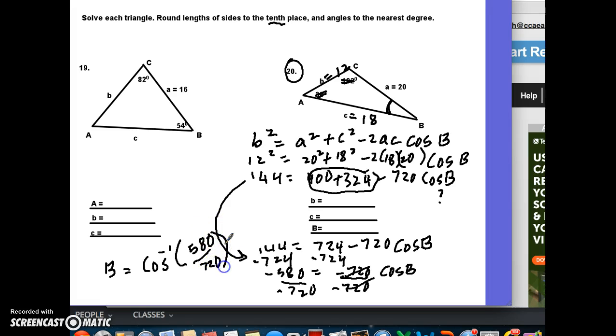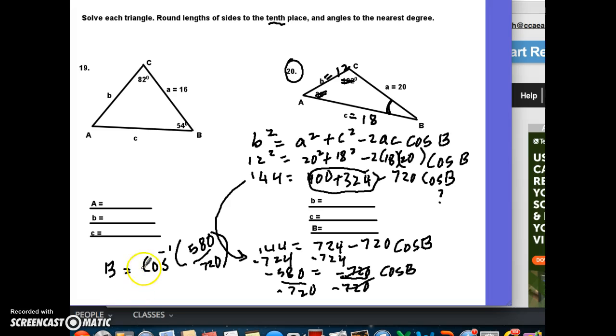So we're going to go to our calculator with the inverse cosine function here now. So here I go. 580 divided by 720. And inverse cosine, that gives me about 36 degrees.